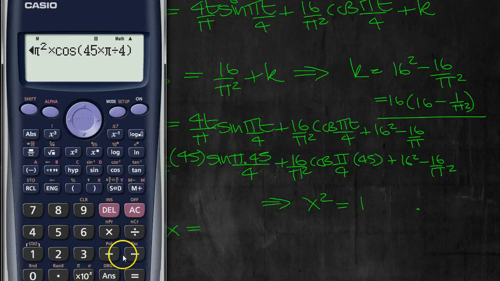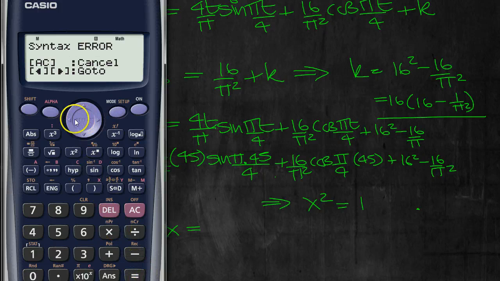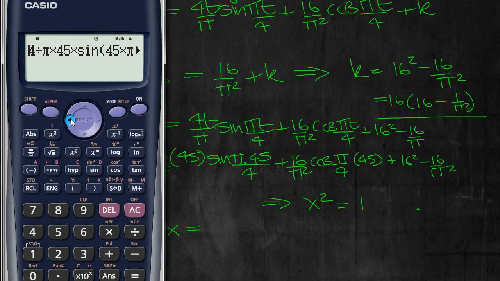That's that bit. Plus the 16 squared minus the 16 divided by, and now I need to put pi squared. So apologies again for that. And we'll just check the calculations here. Everything should be fine now.